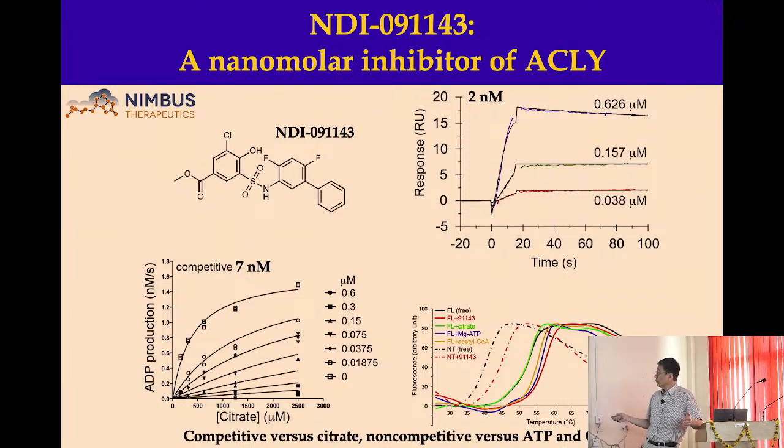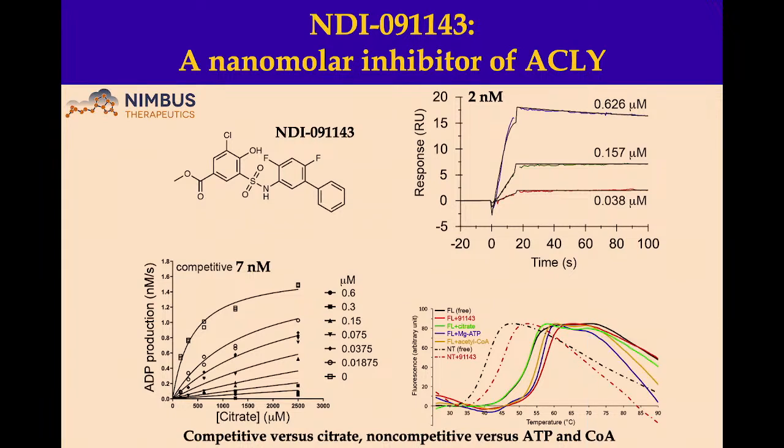So what we did first, we purify the protein, and then we do something called a thermal shift assay. Do you know about thermal shift assays? No? Okay, let me explain that.